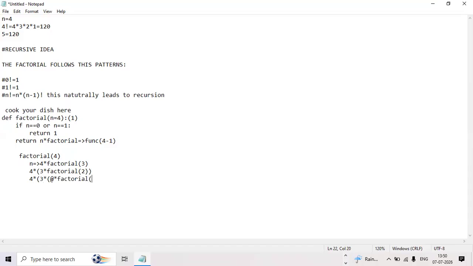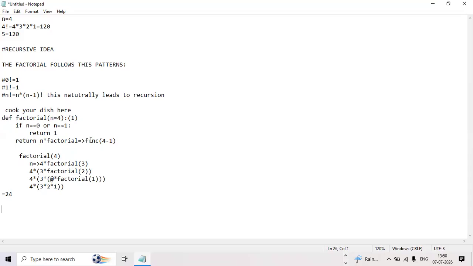Again, it's 1. Okay, so let's close the brackets. Not closing the brackets properly. 4, again multiplication, again it's into 3, it's into 2, it's into 1 is equal to 24. That is the answer.